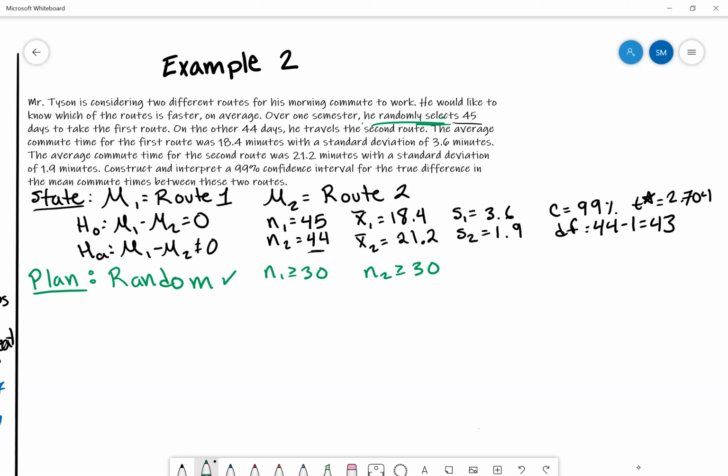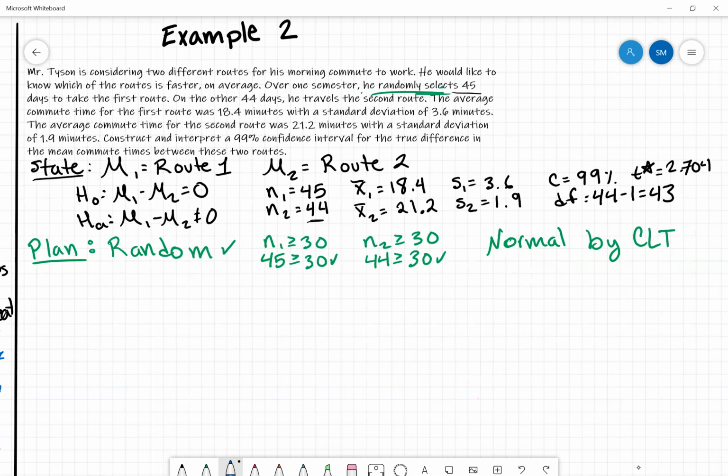We have to check both. 45 is greater than or equal to 30, and 44 is also greater than or equal to 30, so that's good as well. So this is normal by the central limit theorem.